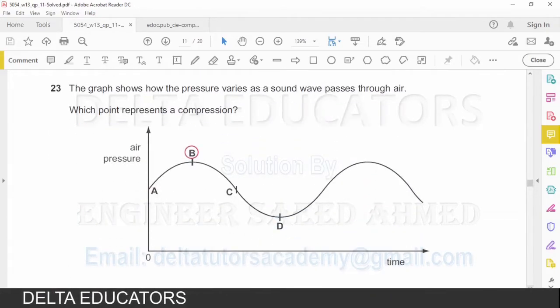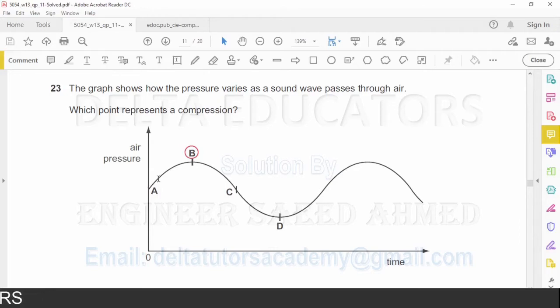Question number 23. The graph shows how the pressure varies as a sound wave passes through air. Which point represents a compression? Here we have plotted a graph between time and air pressure. In a sound wave, we have compression and rarefaction. Compression is a point where air pressure is maximum and rarefaction is the point where air pressure is minimum.